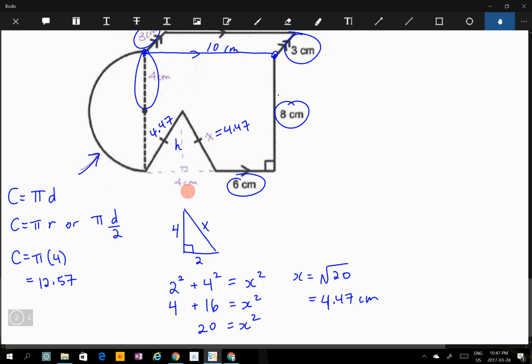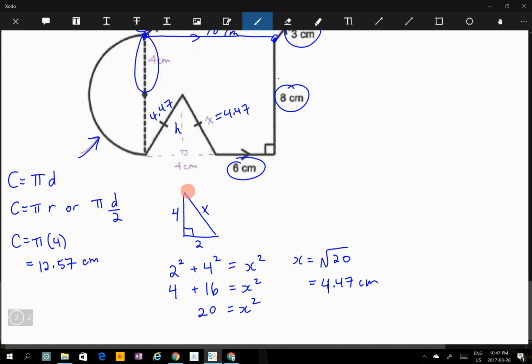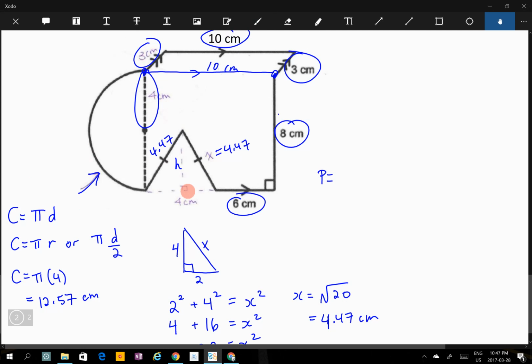Now I have all the numbers I need. Oh, centimeters, I forgot my units. So now I have all the numbers I need to calculate my perimeter. So my perimeter is going to be, let's start off with the 12.57, and we're going to go down here next to the 4.47. I'm only counting the solid lines, not the dotted lines.